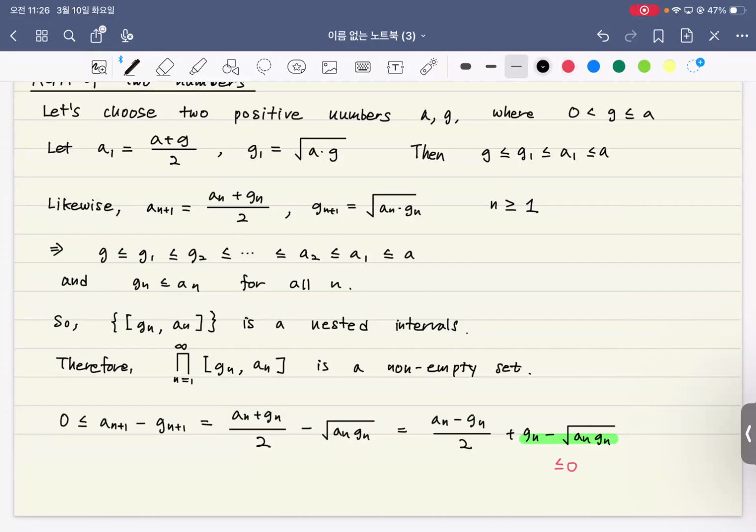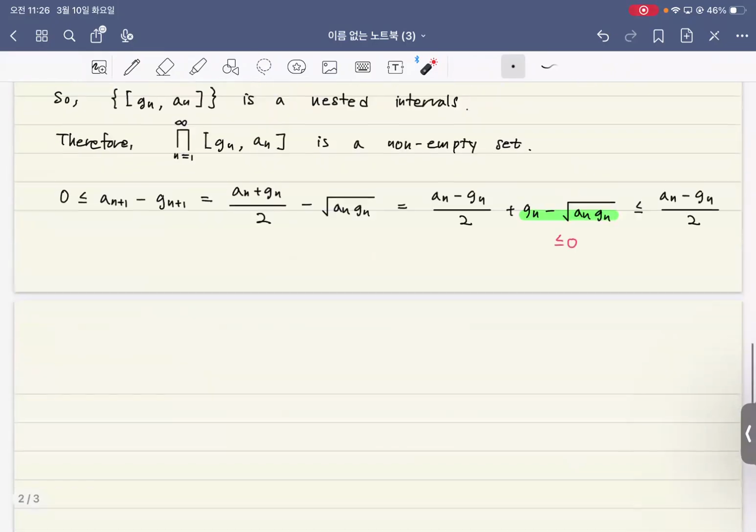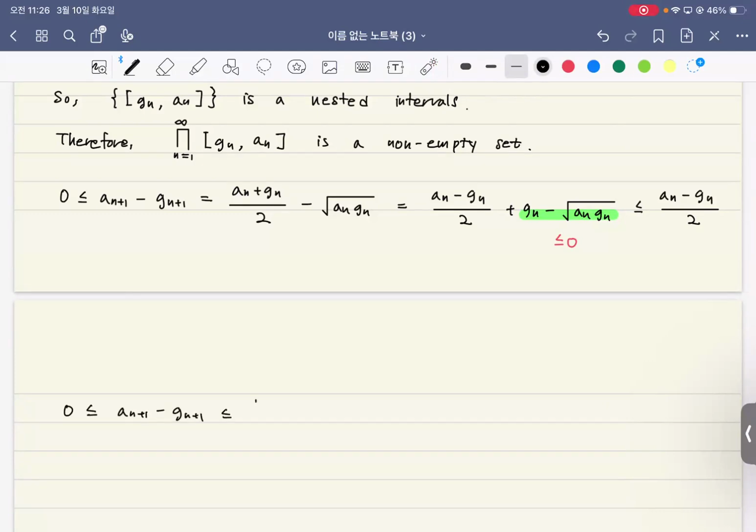Okay, good. So this is less than this, and this is bounded by (An minus Gn) over 2. So A(n+1) minus G(n+1) is bounded by 1 over 2 times (An minus Gn).